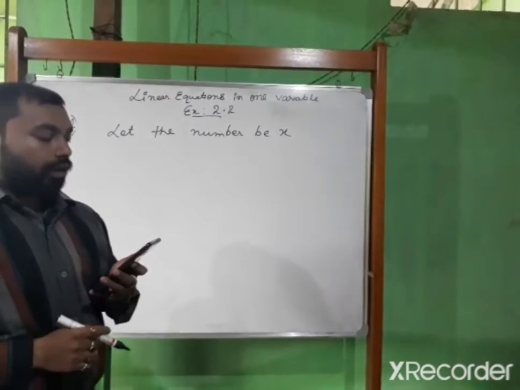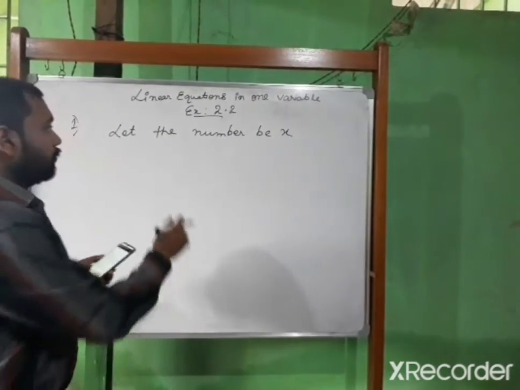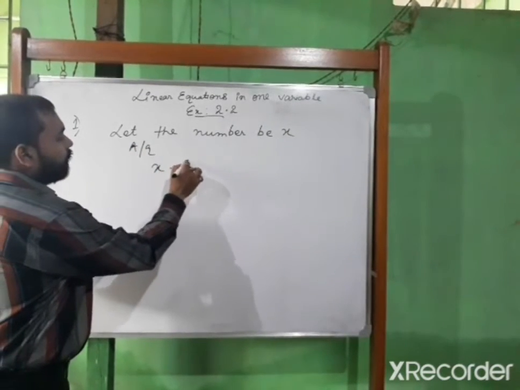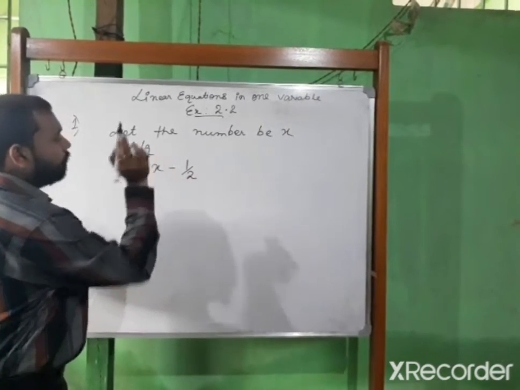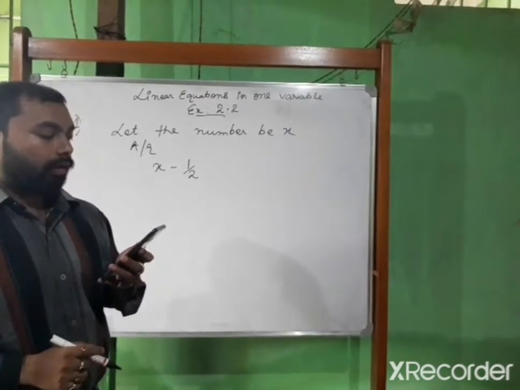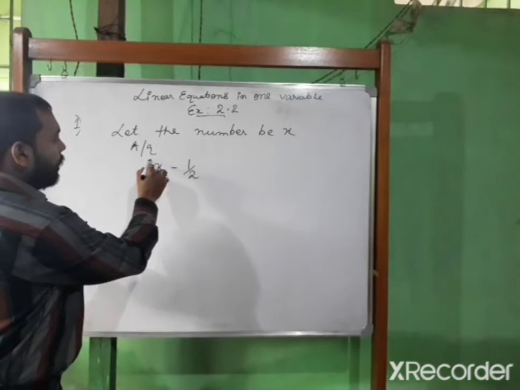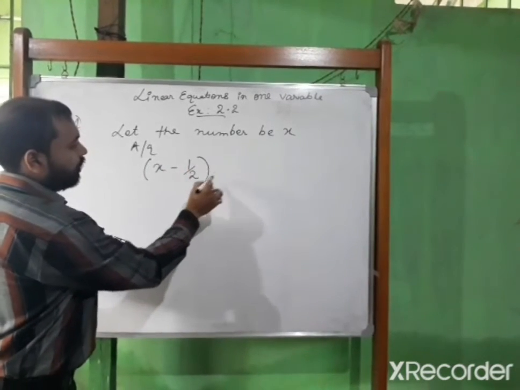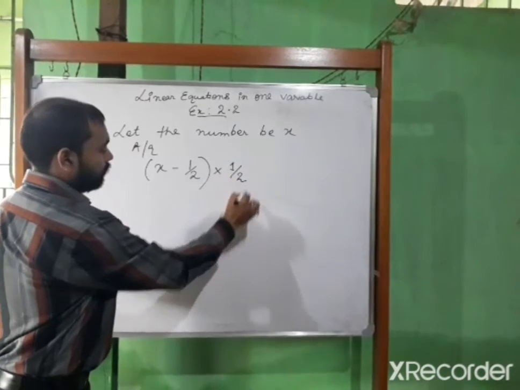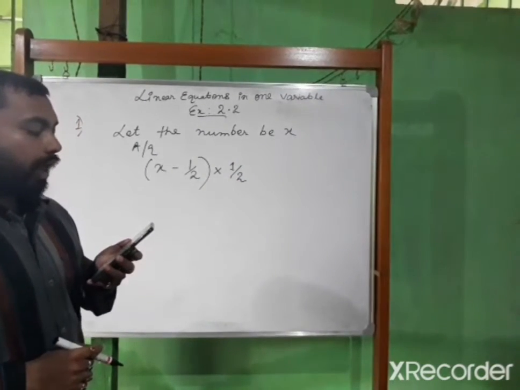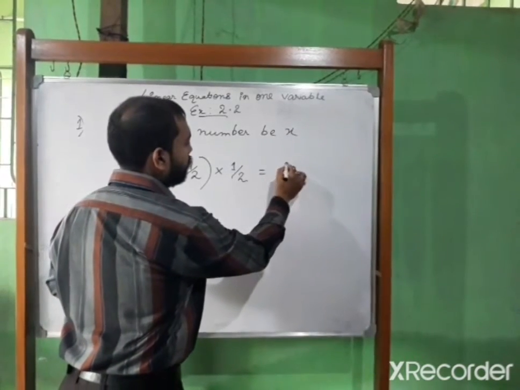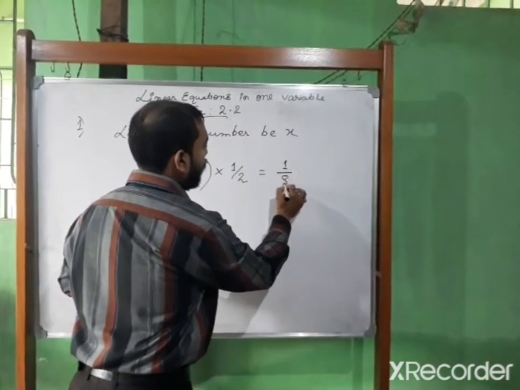So if we subtract half from a number, according to the question, I have subtracted half from the number and multiply the result by half. You get 1 by 8. So 1 by 8 is the result, so it is equal to 1 by 8.